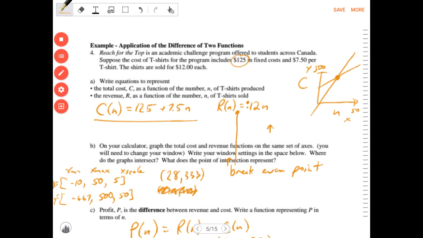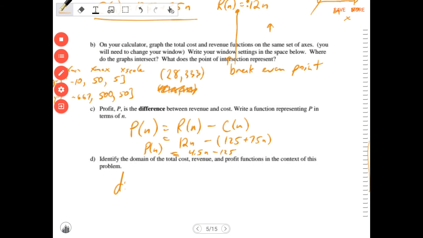So there's the cost function. Well, you can't make less than 0 shirts. So the domain for this cost function is n is bigger than or equal to 0. And that makes sense. It should make sense because you can't have less than 0 shirts.